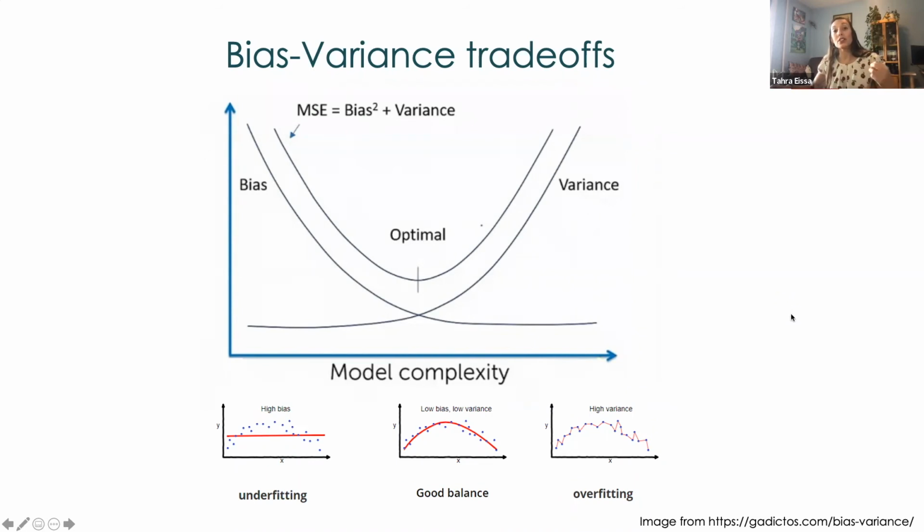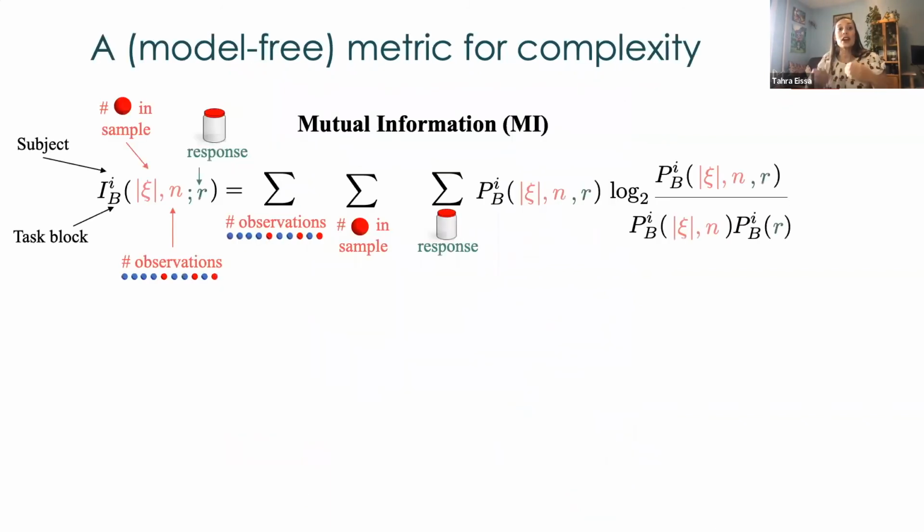So in order to see how our models compared, and whether we could interpret this in terms of bias and variance, let's come up with a metric for complexity for this particular situation. The metric I'm going to use today is mutual information. I just want to walk us through this very briefly.